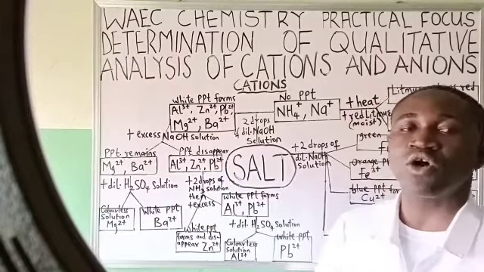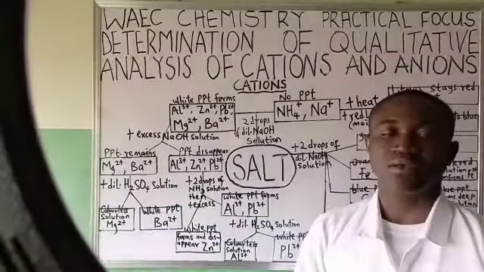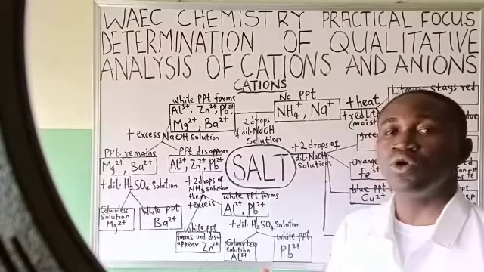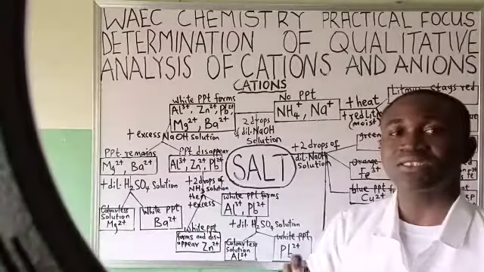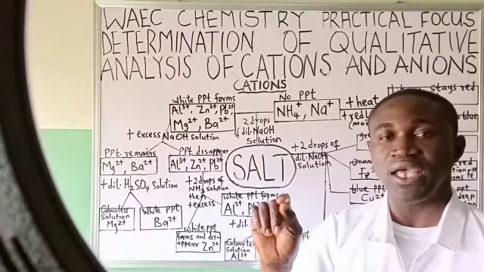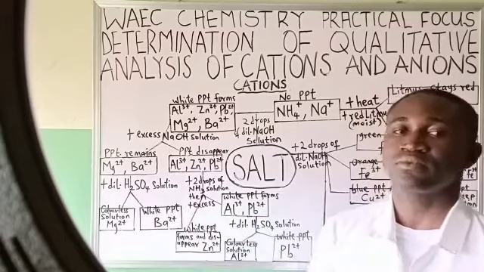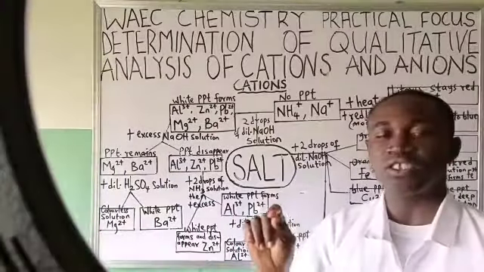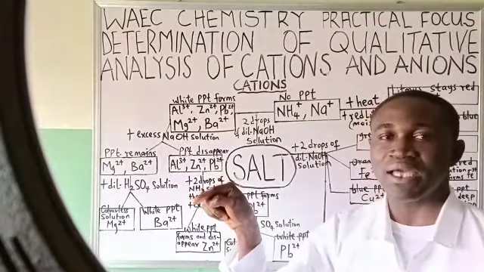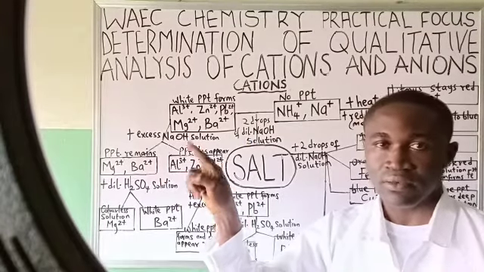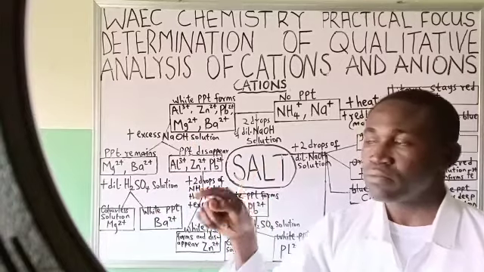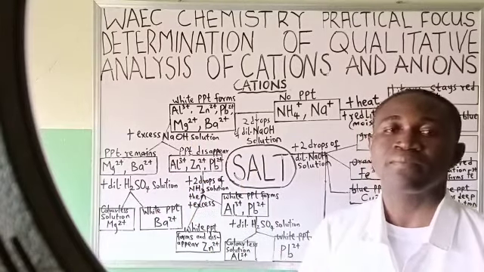Then if the salt is not white, maybe green, blue, red, whatever, say that salt A is colored. Salt A is colored. Open a bracket and say green in bracket or blue in bracket.